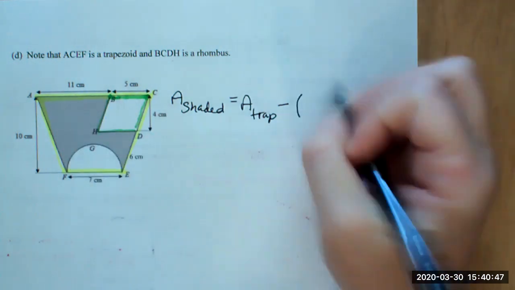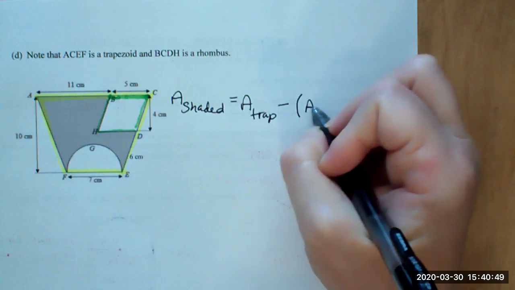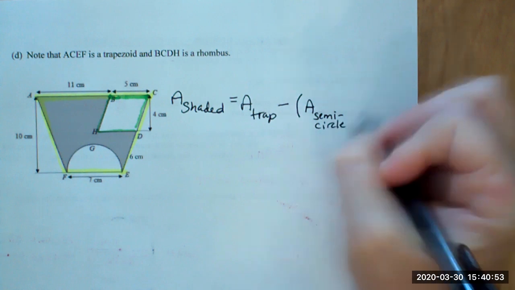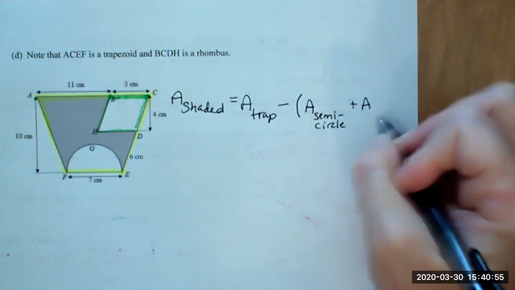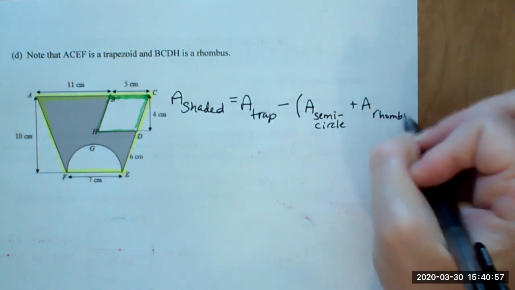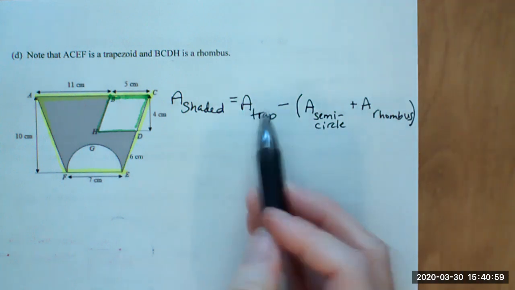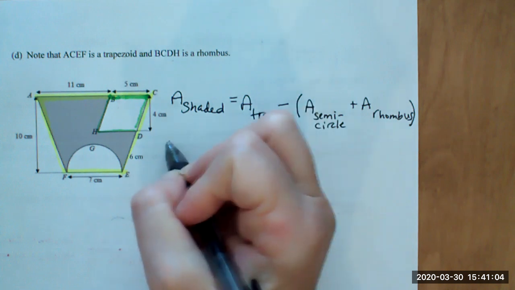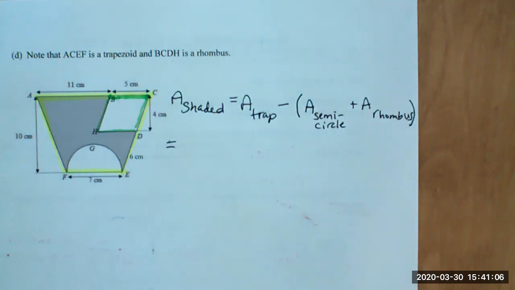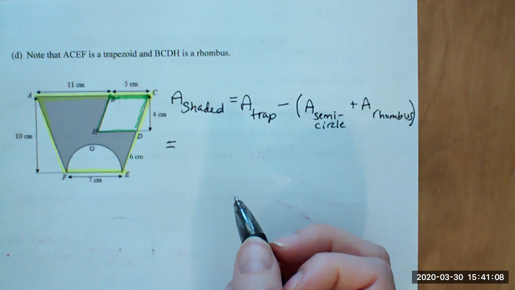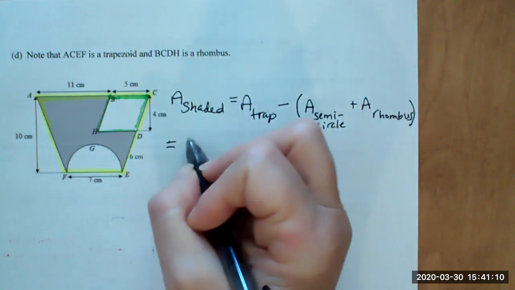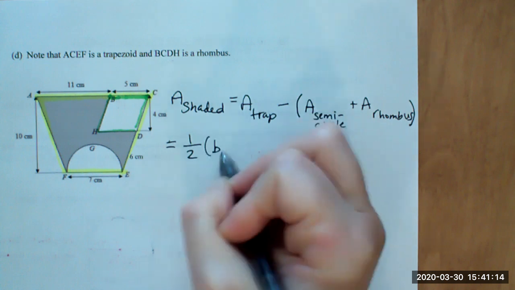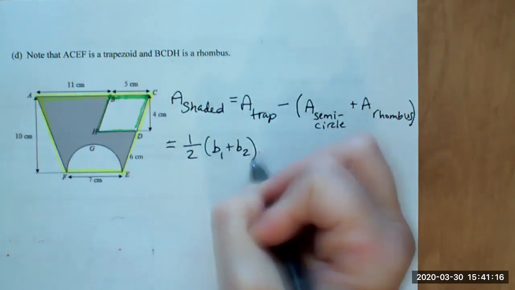So we're going to take the area of the semicircle, which is of course a half circle, plus the area of the rhombus, and we're going to subtract it from the area of the trapezoid. Okay? And so for the area of the trapezoid, we know the formula is going to be 1/2 base 1 plus base 2 times the height.